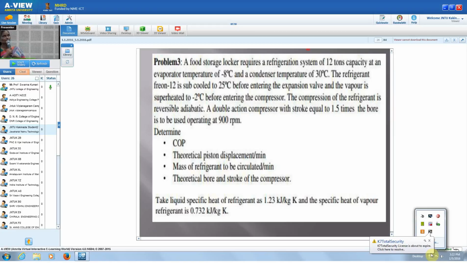The refrigerant is Freon 12, subcooled to 25 degrees centigrade before entering the expansion valve, and the vapor is superheated to minus 2 degrees centigrade before entering the compressor.